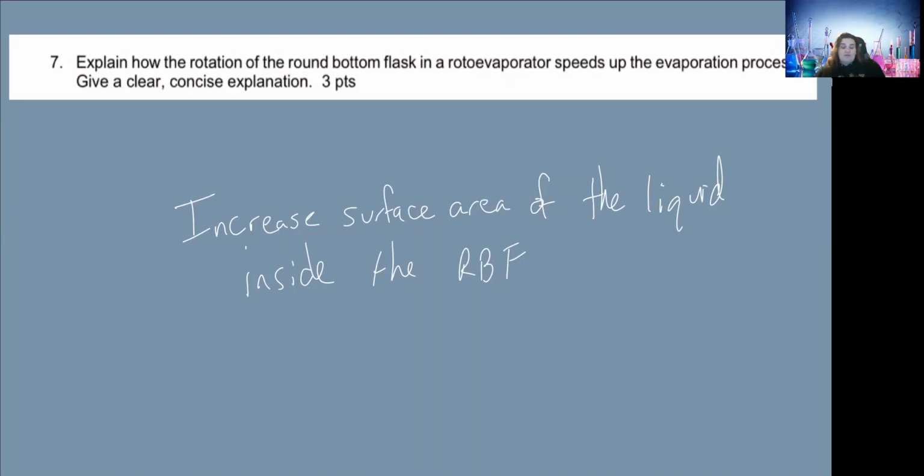You'll notice that a lot of the processes and a lot of the things we do can be solved by increasing the surface area, right? Question for you that's not on these questions. What's another thing that we did that involved increasing the surface area? Anybody remember?